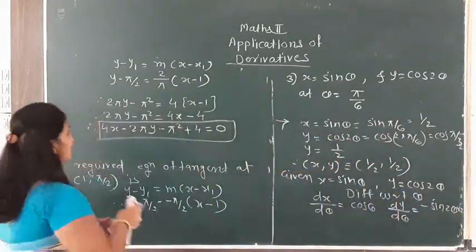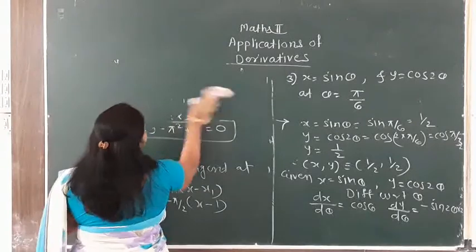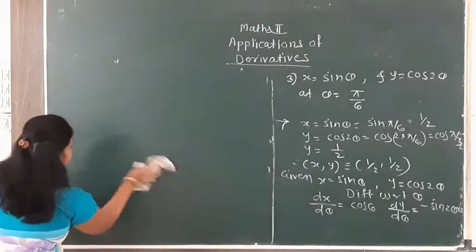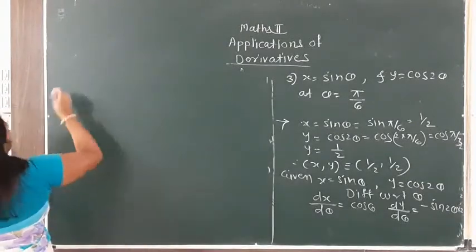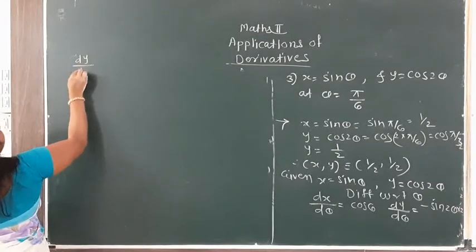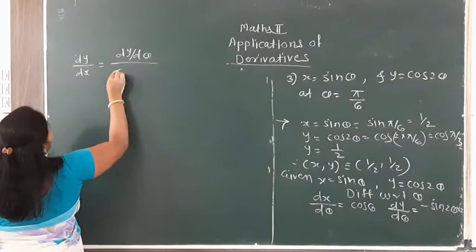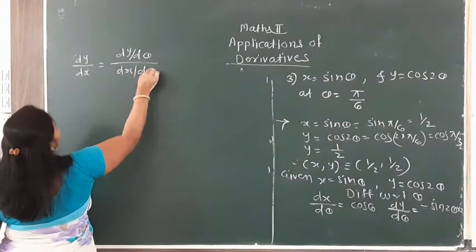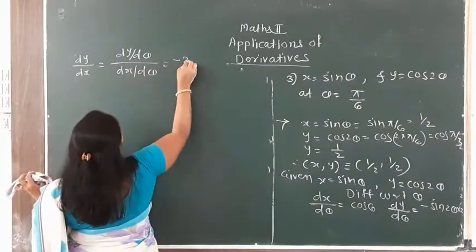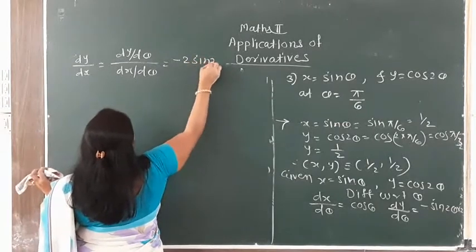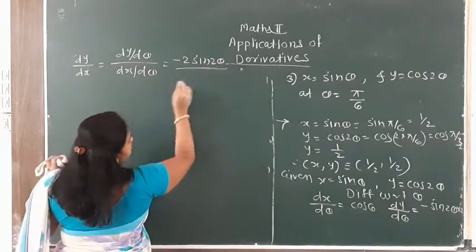Okay. Now we find dy by dx: dy by d theta divided by dx by d theta. Substituting the values, we get minus 2 sin 2 theta divided by cos theta.